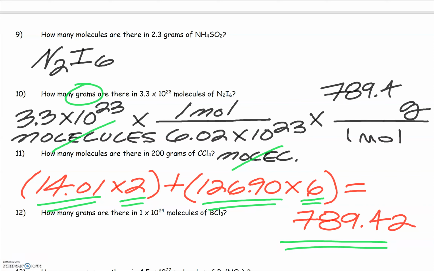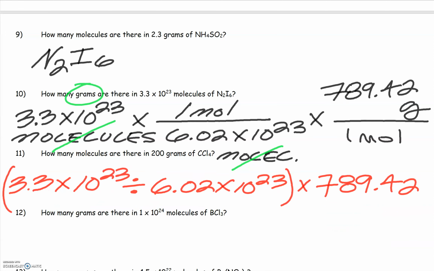And then we're going to do the math. Now, the math is going to be very similar to the last one, except 3.3 times 10 to the 23rd divided by 6.02 times 10 to the 23rd times 789.42. So that's going to be the process. So let's take a look at that. Okay, so this is what you want to put in your calculator. 3.3 times 10 to the 23rd divided by 6.02 times 10 to the 23rd.